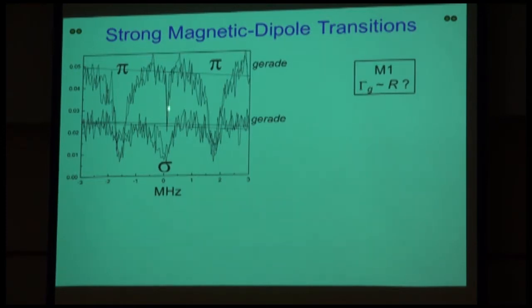So the top transition, we know that it's magnetic dipole because when we use so-called pi polarization, or when our probe light polarization is parallel to the quantum axis, we actually see, rather than the central peak, the two side peaks, which is quite the opposite behavior of what you'd see in an electric dipole transition. And then when we turn the polarization and we drive a sigma transition, instead the central peak becomes much more prominent. So it is a magnetic dipole transition that we can see.